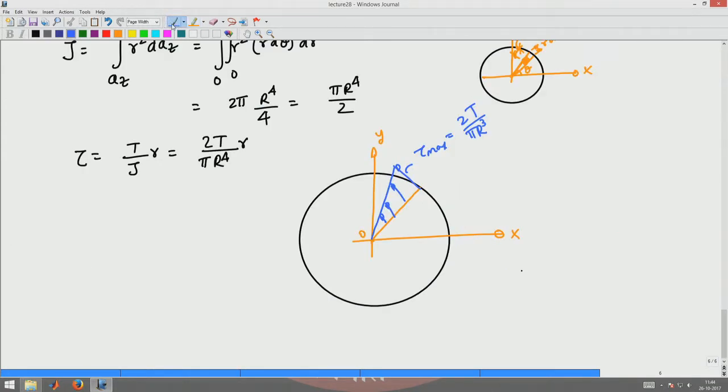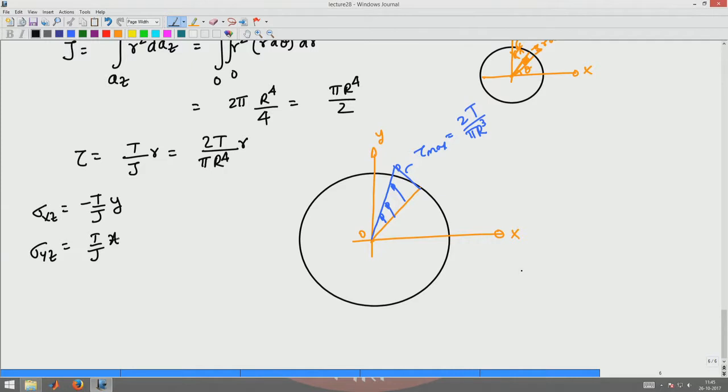Let me rewrite the expression that we had before. We have sigma xz as minus T by J into y, and sigma yz is T by J into x.